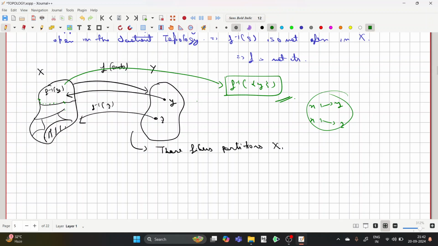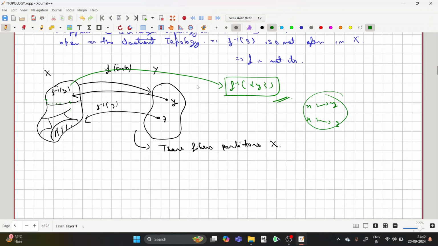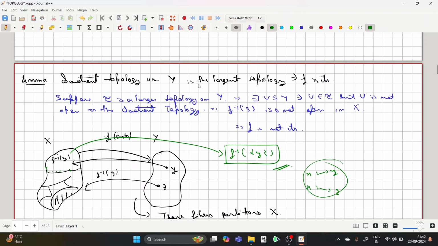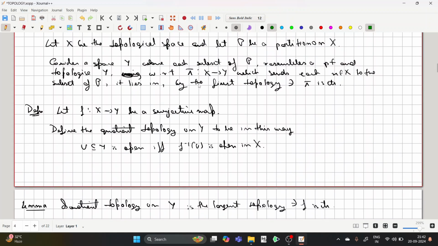Therefore partitions and surjective maps are equivalent, and hence both of these definitions become equivalent, right, because this map is called the identification map. Okay, this map we defined when we defined the quotient topology in terms of a function. So this is called the identification map, or you can also call this the quotient map.